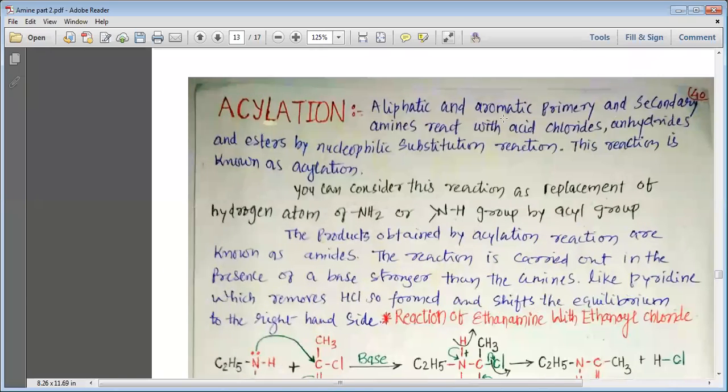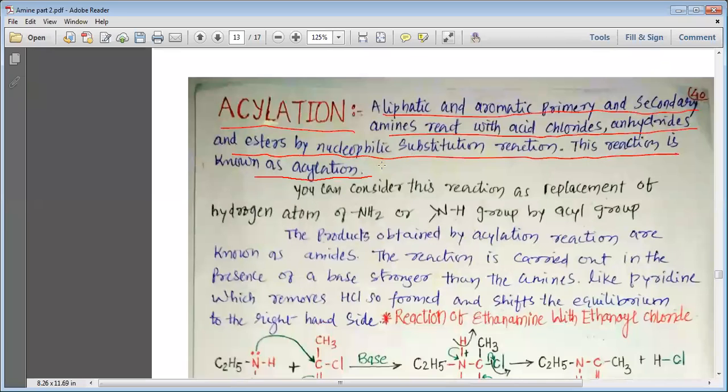Now, my dear students, we want to study a very important reaction which is known as acylation. So let us pay attention to the acylation reactions. Aliphatic and aromatic primary and secondary amines react with acid chlorides, anhydrides, and esters by nucleophilic substitution reaction.